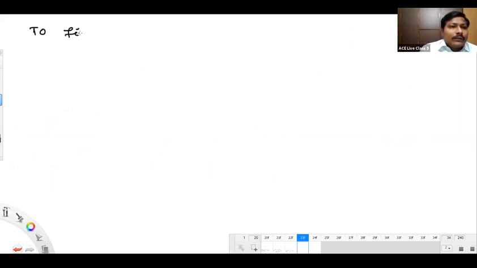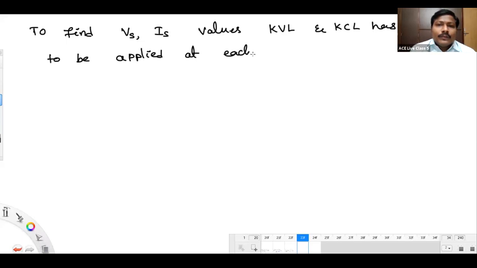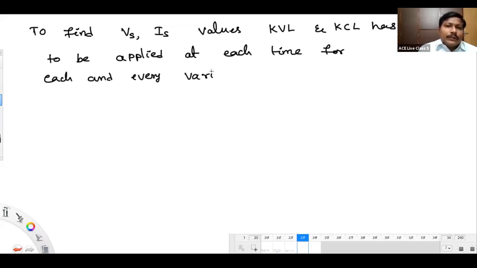So to find the VS, IS values, KVL and KCL have to be applied each time, for each and every variation in the VR, IR values.